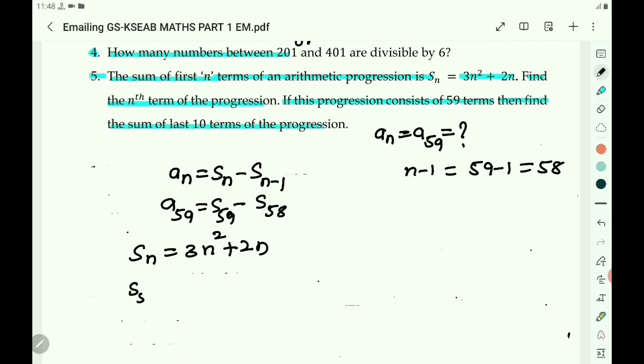First you get S59 is equal to what? 3 into, in the place of n, write 59, 59 whole square, plus 2 into n means 2 into 59.